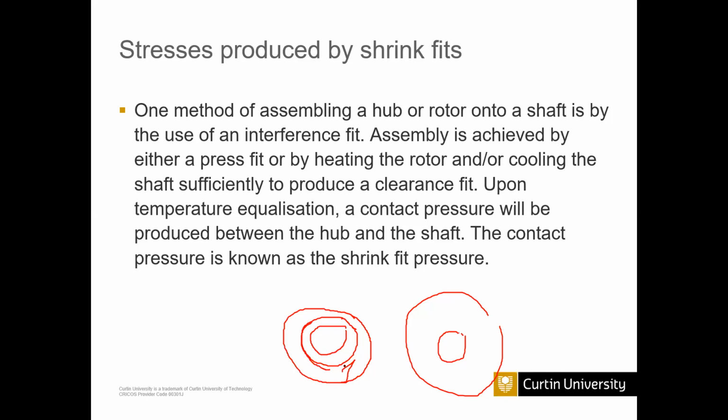We call that deflection the interference. We will calculate the interference displacement later using the theory we are going to learn.